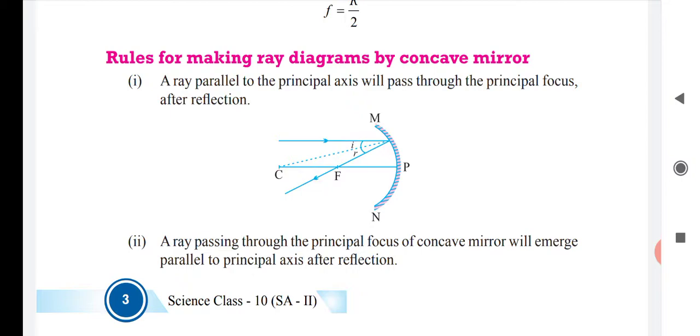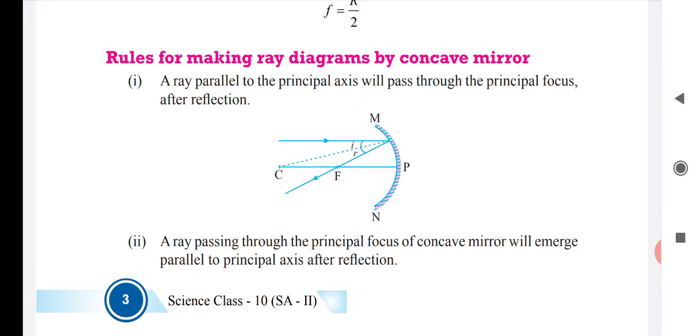A ray parallel to the principal axis will pass through the principal focus after reflection.